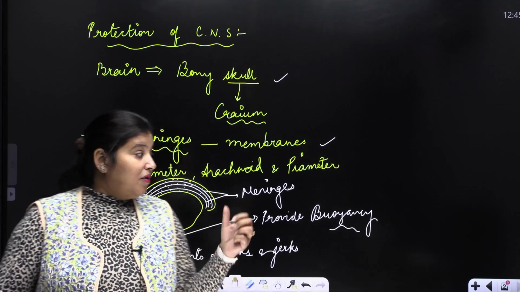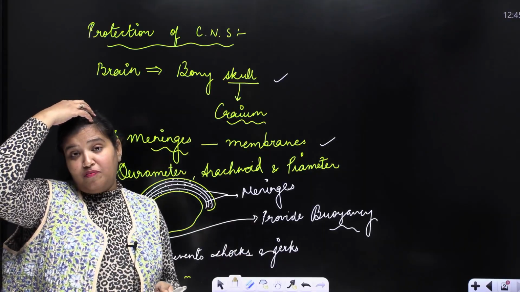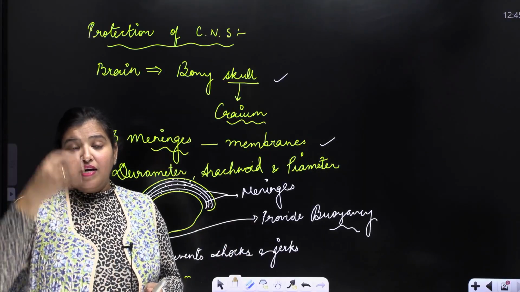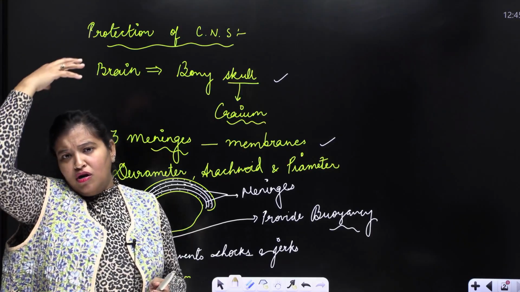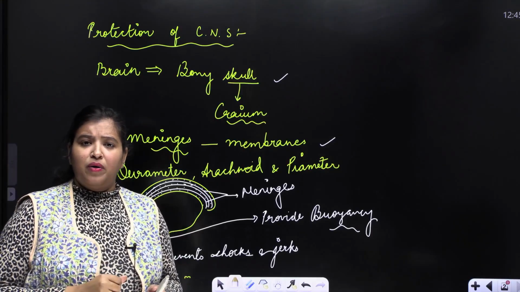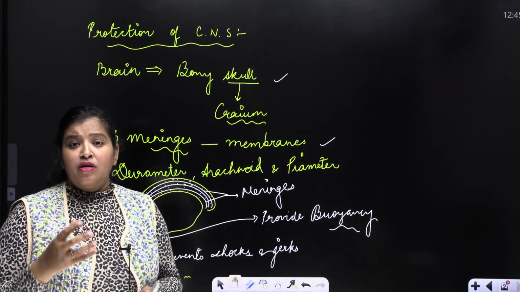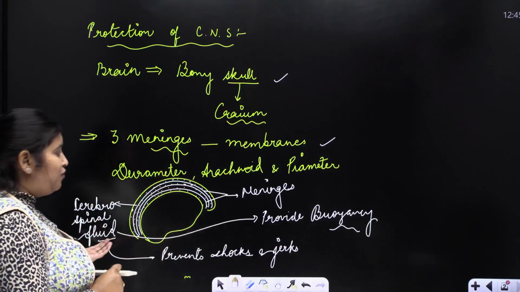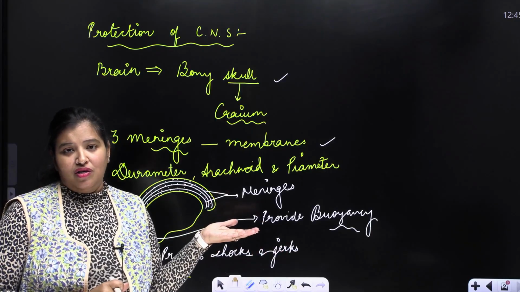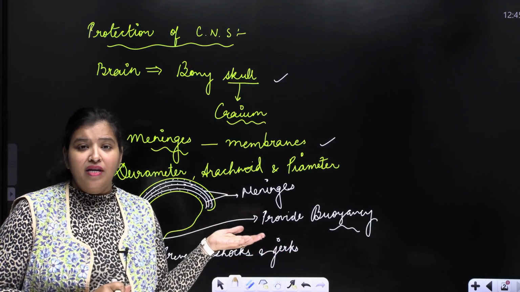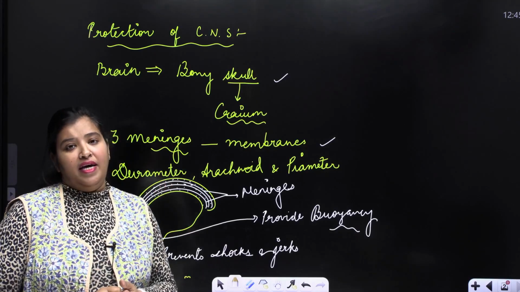The weight of the brain is about 1.2 kgs. So keep a weight of 1.2 kgs on your head for some time and you will have a headache. So the cerebrospinal fluid makes it weightless by making it float, making it buoyant. And so we do not feel the weight of the brain in the head.